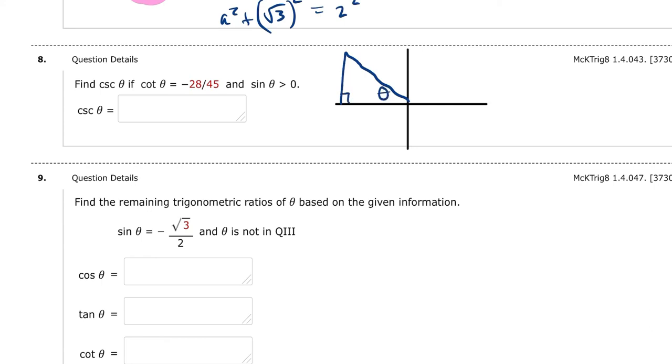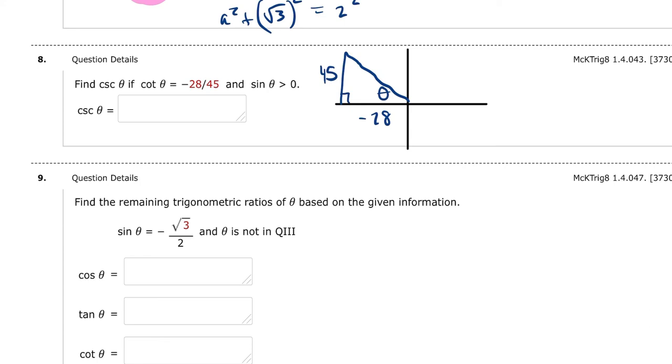There's your angle. And we know that cotangent by definition is, instead of sine over cosine, cosine over sine, or you can think of it as x over y. So x would be -28, y would be +45.